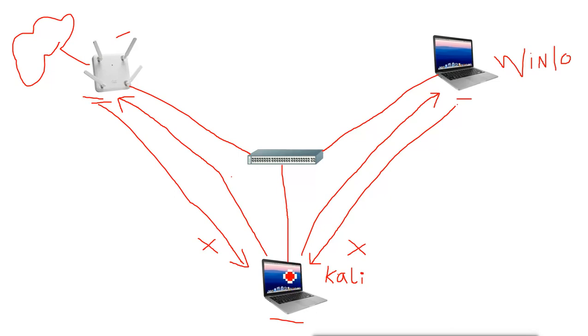When we enable IP forwarding, this Kali Linux will start working as a router. It will start forwarding those packets which are not destined to this Kali Linux. Now how do we enable forwarding in our Kali Linux?